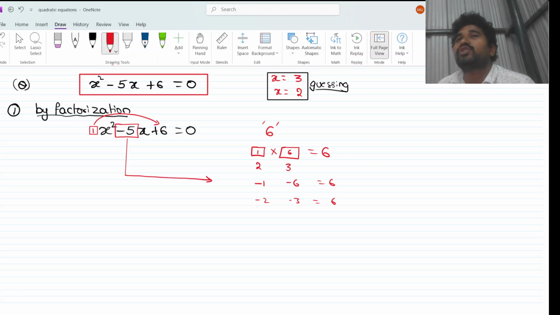Which one is suitable there? Observe, minus 2 plus minus 3 is minus 5.